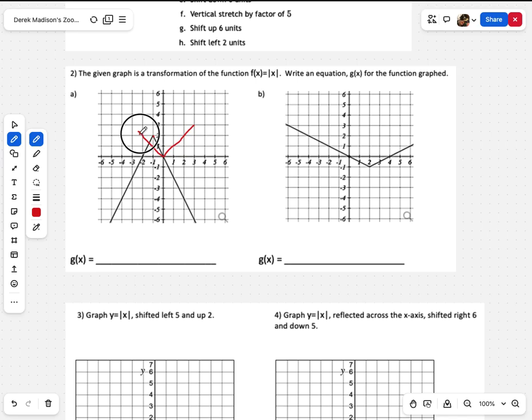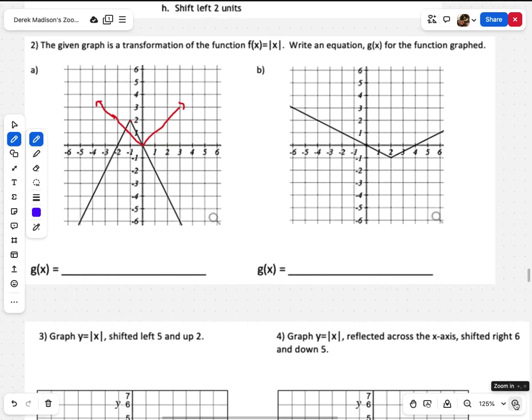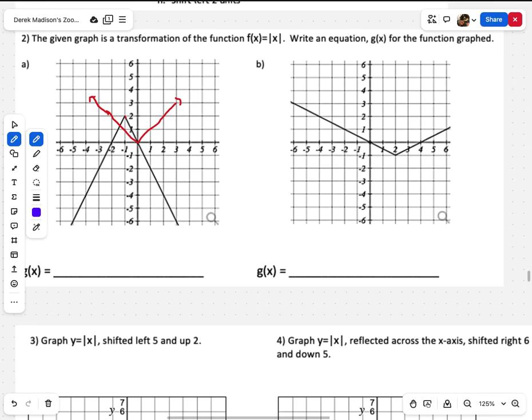Not doing a very good job of drawing a straight line, but anyhow, it goes over 1, up 1, over 1, up 1. For this one right here, if you notice, let's see if I can zoom in a little bit more, it's going over 1 and down 2.